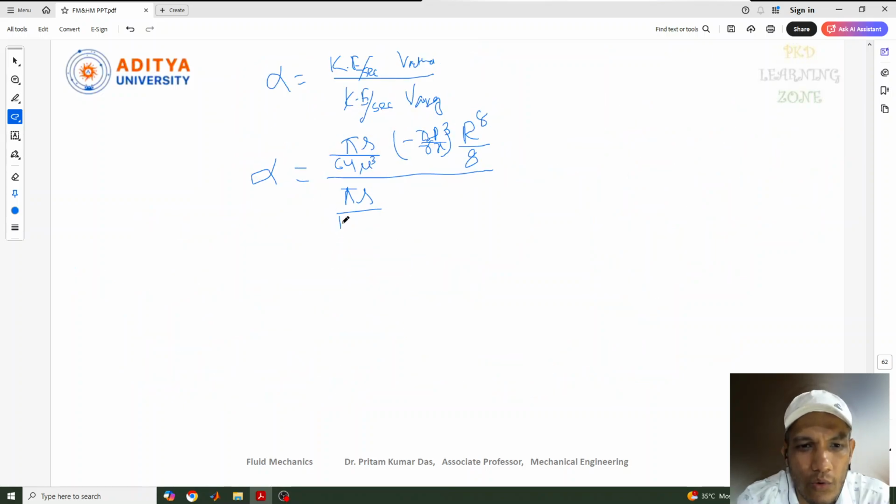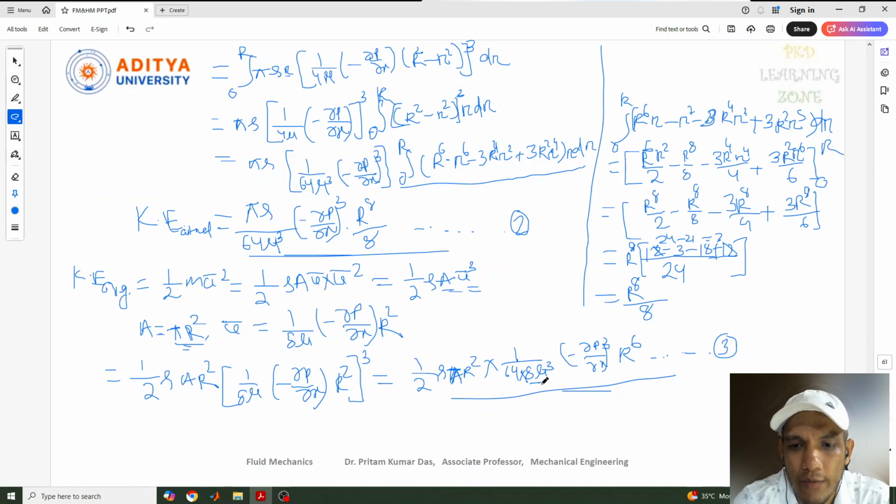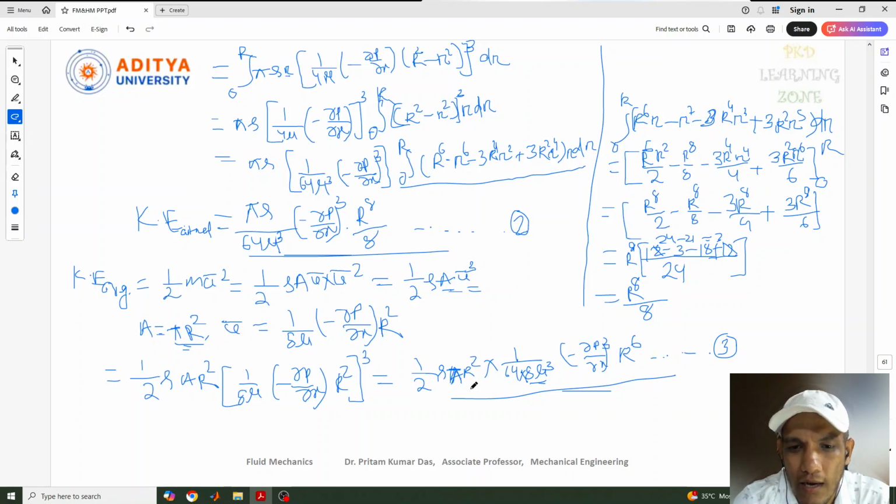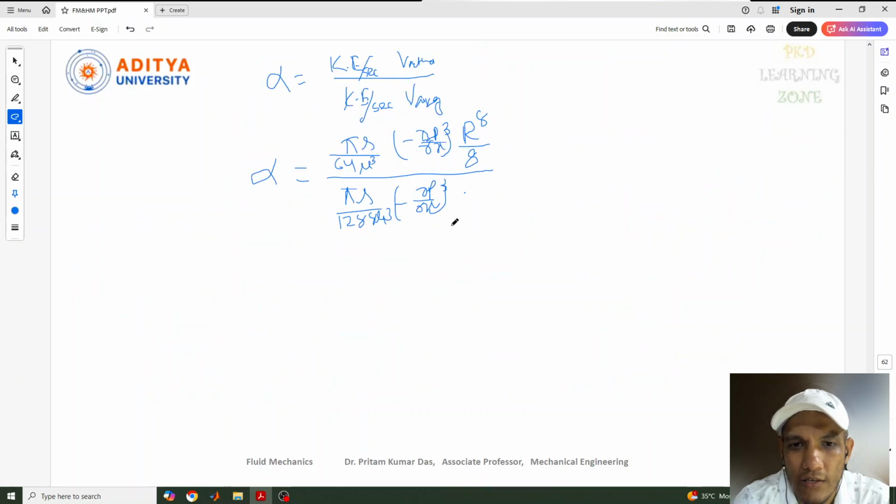So pi rho 128 into 8 mu q, and the remaining terms again del p by del x whole cube, and this is r square and this is r to the power 6, so that will be r to the power 8. Now see, all the terms are going to be cancelled here. R to the power 8 cancels, pi rho cancels, mu q cancels.